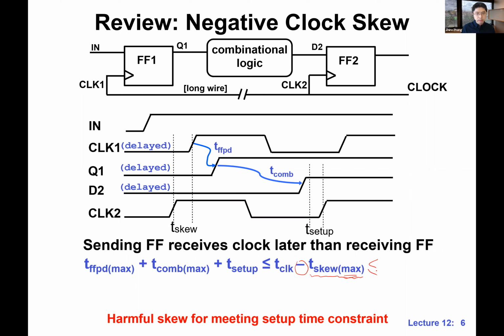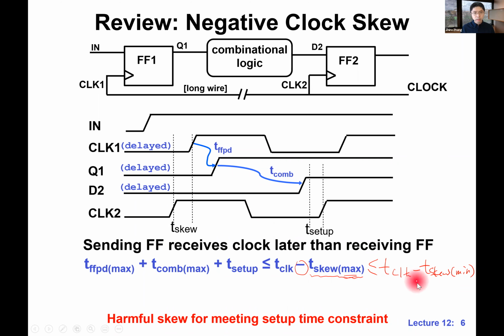If you look at this inequality, if we put in mean skew, we have something like this. Agree? So this term, T clock minus T skew max, is no greater than T clock minus T skew mean.